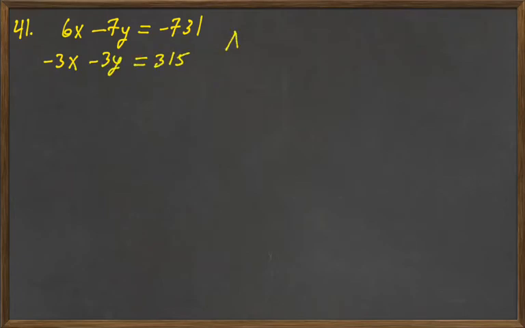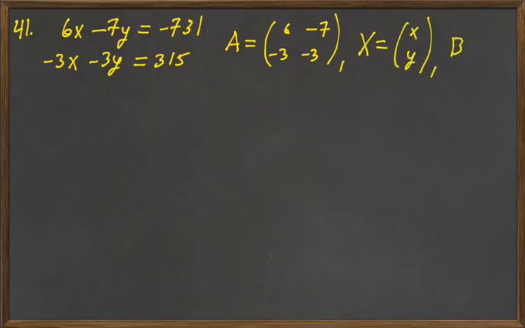And maybe this time, let's see. We got 6x minus 7y is equal to negative 731. Negative 3x minus 3y is equal to 315. Identify A as the coefficient matrix. We'll mention what matrix X is and what matrix B is.